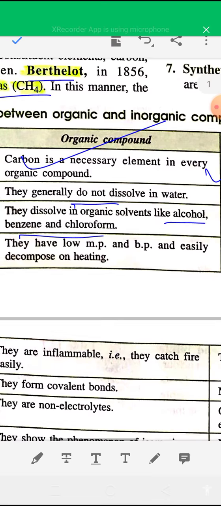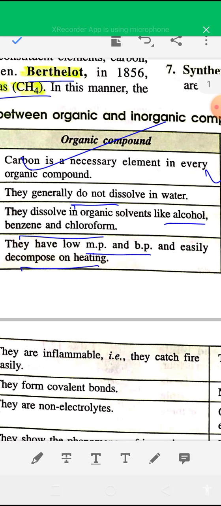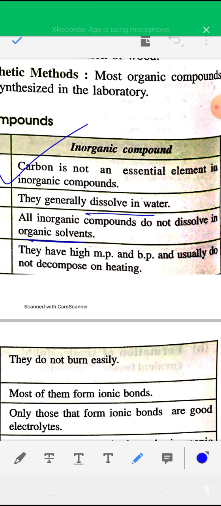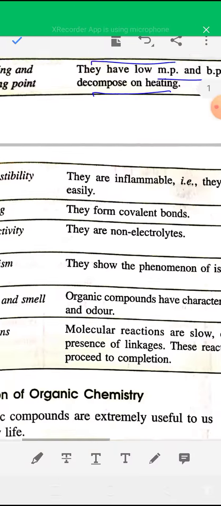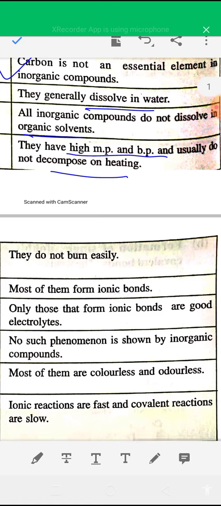Organic compounds are covalently bonded. That's why they have low melting and boiling points, and they easily decompose on heating. Inorganic compounds are mainly ionic compounds, and they have high melting and boiling points and usually do not decompose on heating.